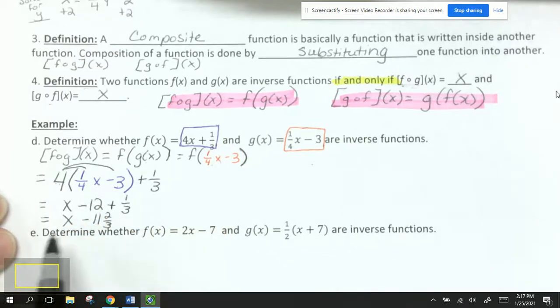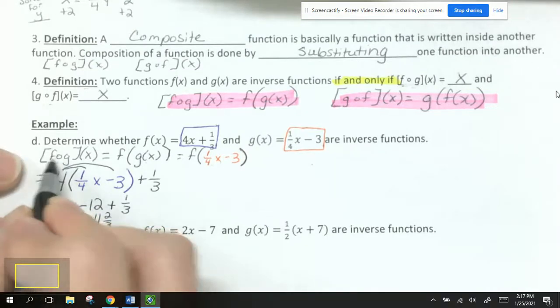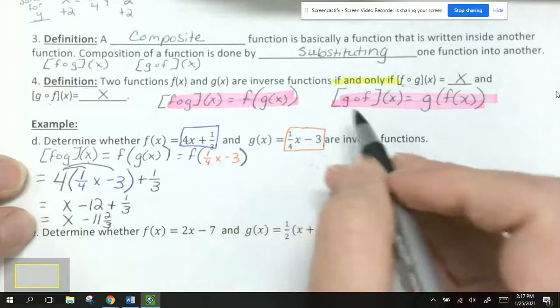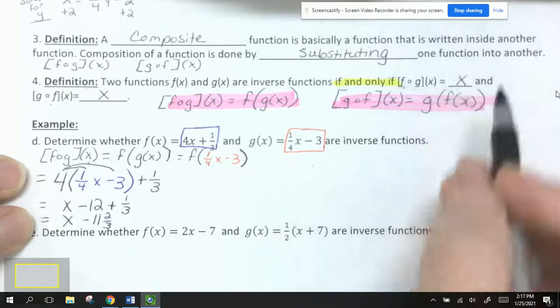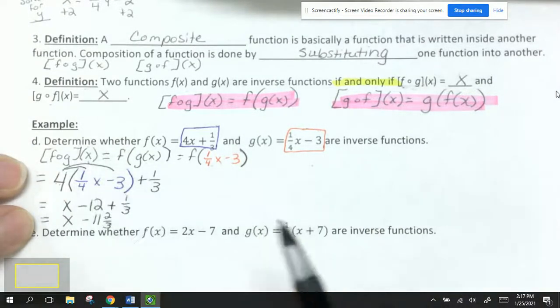Now, this over here already does not equal x, right? This does not equal x. So if f of g of x does not equal x, then I don't even have to consider doing the g of f of x to see if it equals x. Because remember, I have to meet both of these stipulations for them to be inverses.